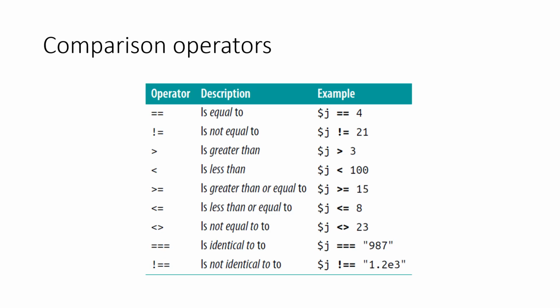We have to talk about selections, repetitions. So we will usually have a conditional check. The operators are used whenever you want to check whether the value is equal to something. For example, here we will check whether $j is equal to 4.